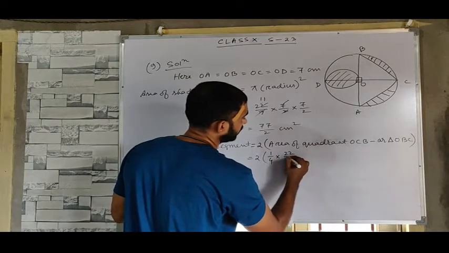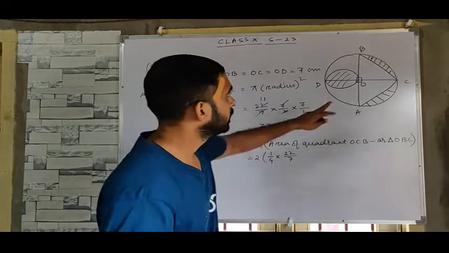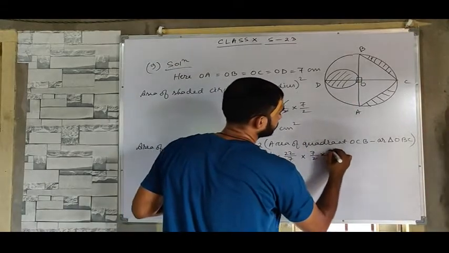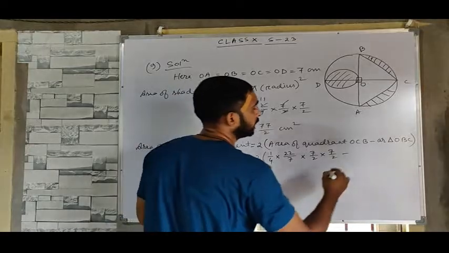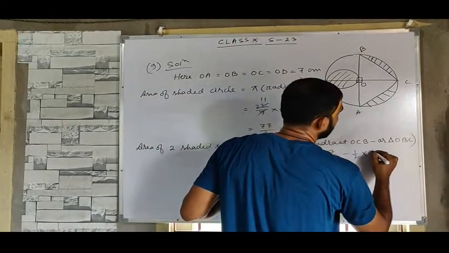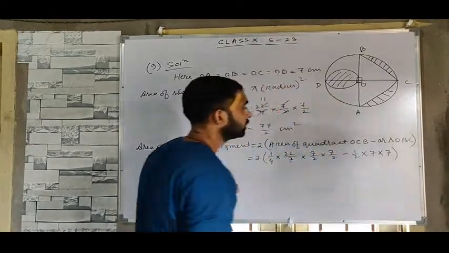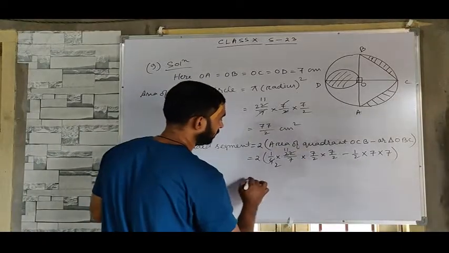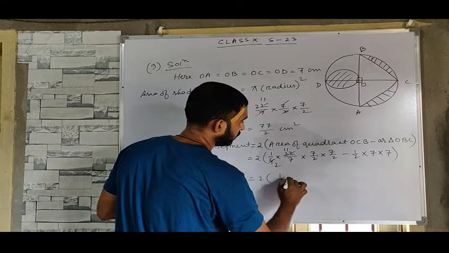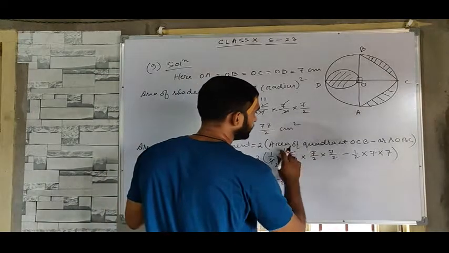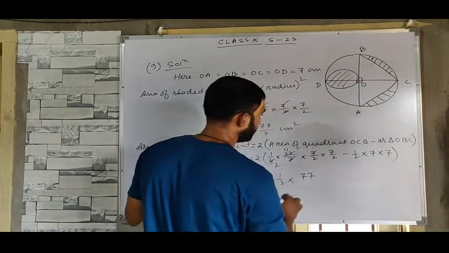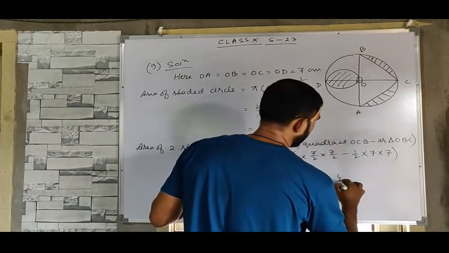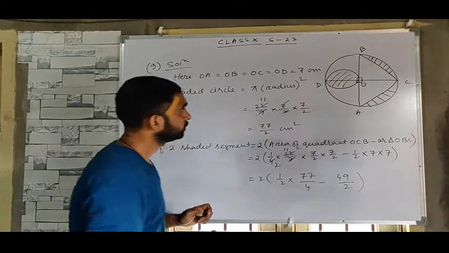Pi is 22 by 7. R equal to 7 by 2. Minus area of triangle, half into base into height. Now here, 2 into 1 by 2 into 7, cancel, 77 by 4 minus 49 by 2.